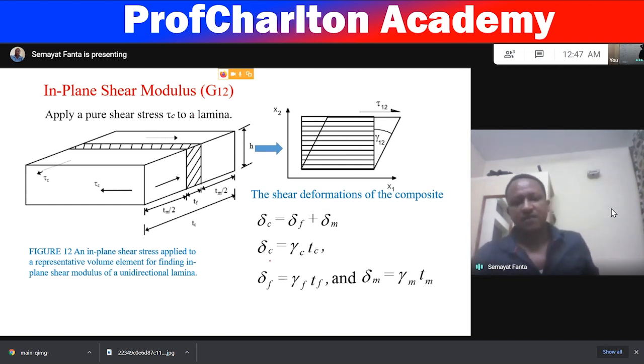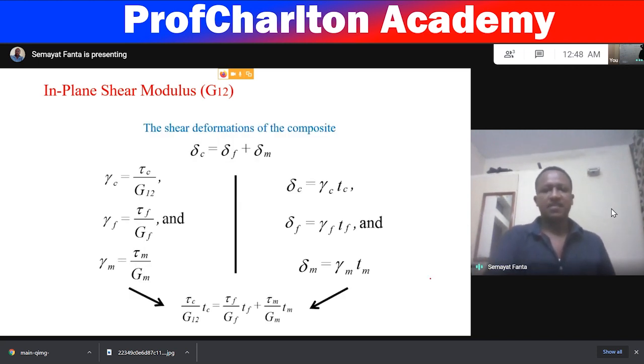So the deformation is related to the shear strain of the composite times thickness of the composite. Here the strain 12 implies the shear strain. So in the fiber, shear strain times thickness of fiber, in matrix, shear strain of matrix times thickness of matrix.